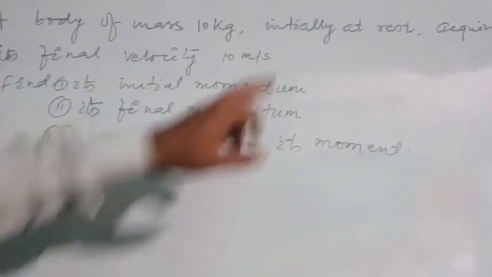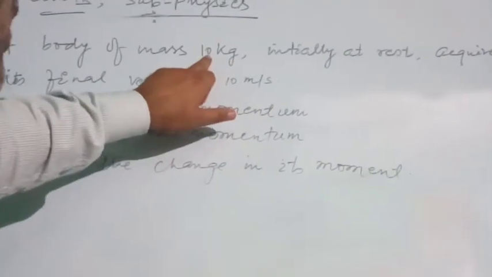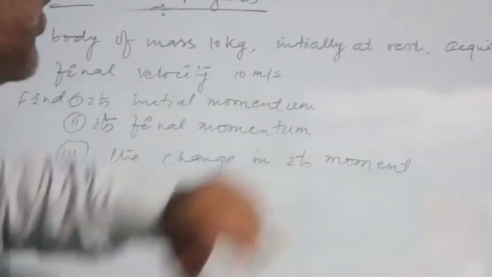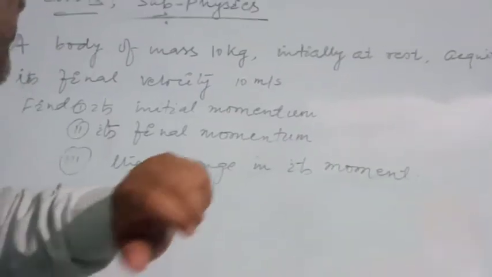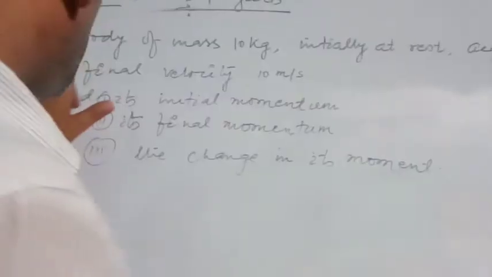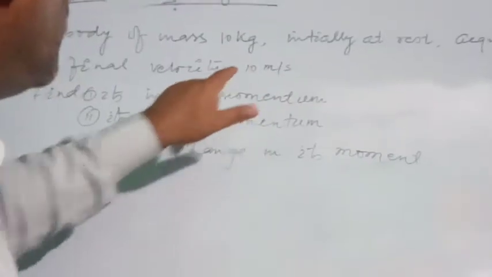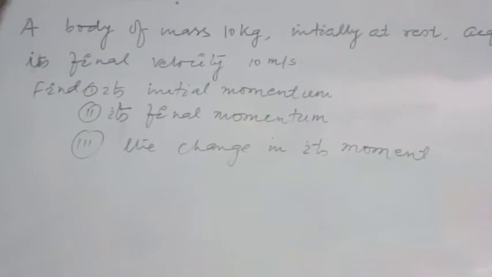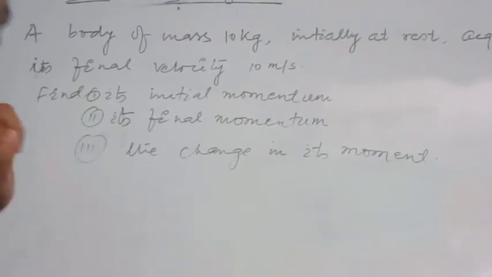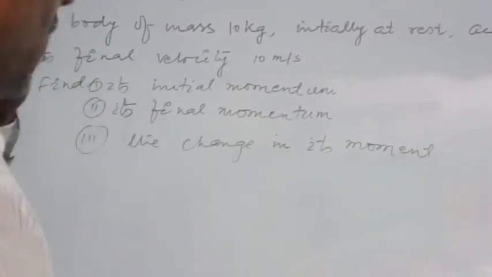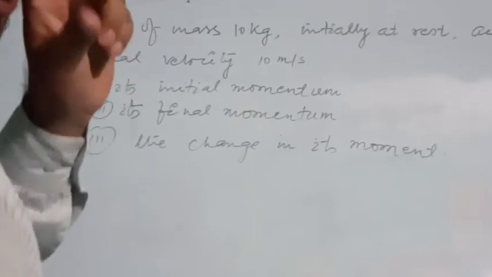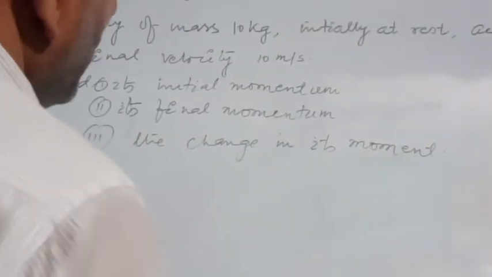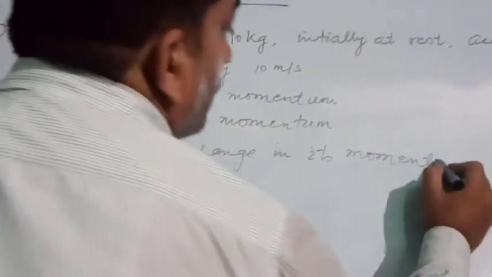A body is at rest initially. Its mass is 10 kg. It acquires a final velocity of 10 meter per second. Then you have to find its initial momentum, its final momentum, and the change in its momentum.